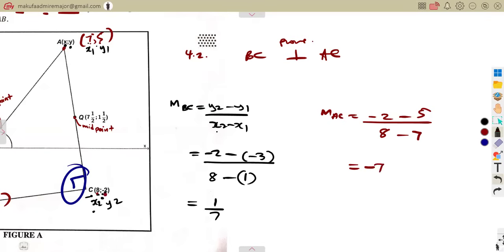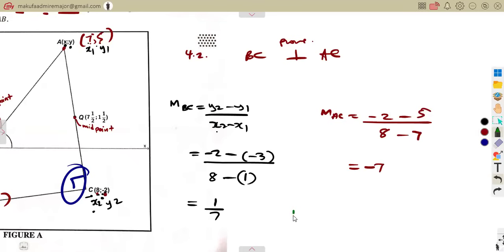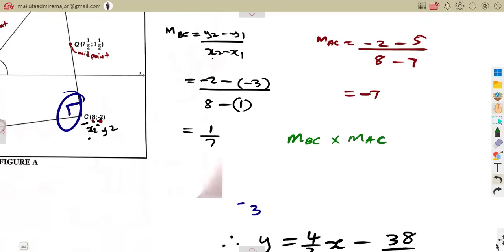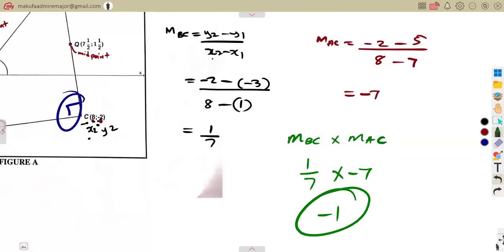But we saw from the formula that the product must be -1. So let's multiply the gradient of BC by that of AC and see what we have at the end. Multiplying BC, that is 1/7, times AC, -7, you obtain -1. There is no way that you multiply the gradients of two different lines, obtain -1, and those lines are not perpendicular.